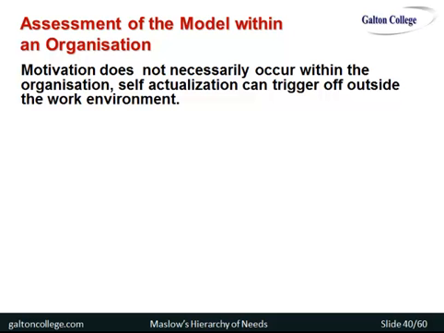If the norms of the society are for people to be happy with perhaps less material goods, for whatever reason, the people in this community are just simply happy to look at the quality of life rather than the quantity of life, then the reference point is outside of the organization. So motivation does not necessarily occur within the organization.